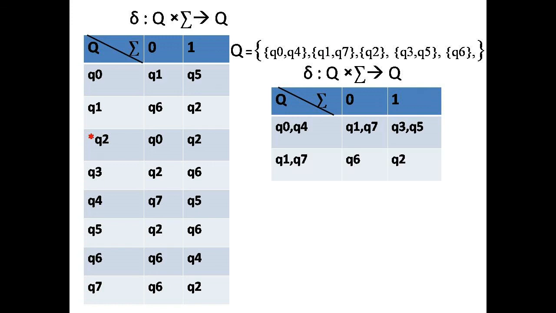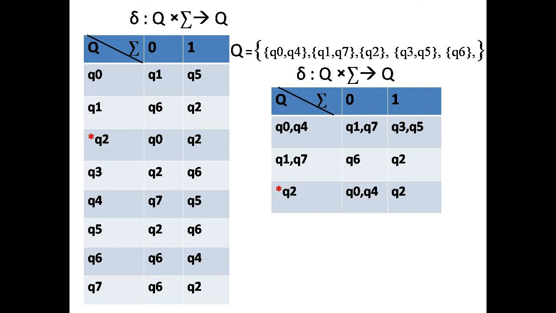Q1, Q7, on 0 input symbol, goes to Q6, and on 1 input symbol, goes to Q2 state. Next state is Q2. Q2 on 0 symbol goes to Q0 state, but in the new minimized DFA Q0 is along with Q4, so we write Q0, Q4. Q2 on 1 input symbol goes to Q2 state.